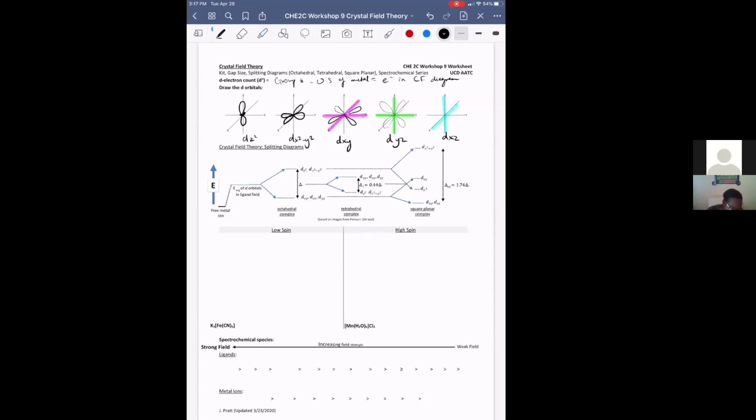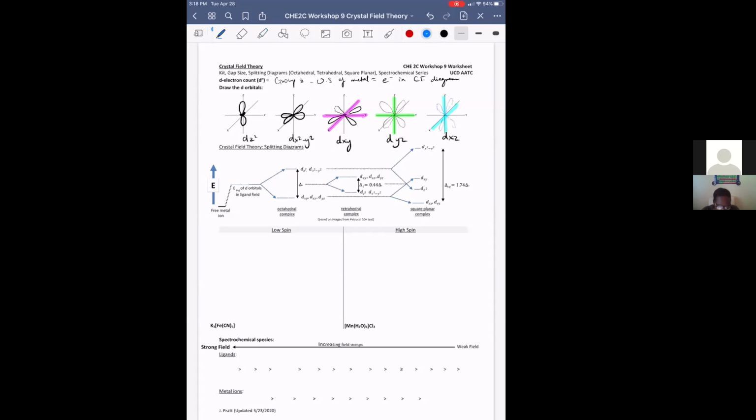And now I'll use a different color, we want our orbitals to go in between those planes. So we'll want our orbitals to go here and here, and then here and here. I think that's kind of the best way that I can draw the orbital diagrams there. So those would be how we draw our d orbitals. Hopefully that was just a quick review.